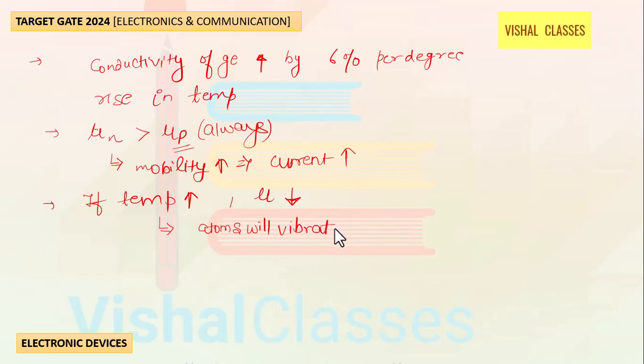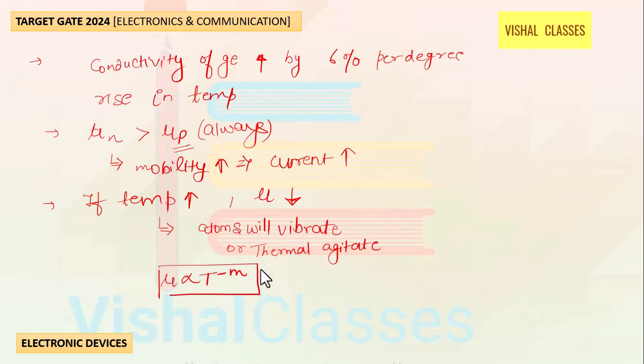There will be vibration in atoms, thermal agitation, and as atoms vibrate, the mobility of charge carriers decreases.